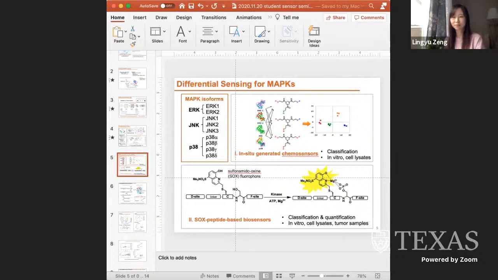Or is it not that far along yet? Or is this not the appropriate topic for this conversation? Actually, it is our topic. The reason for us to do the differential sensing and detect the different isoforms is for precision medicine.